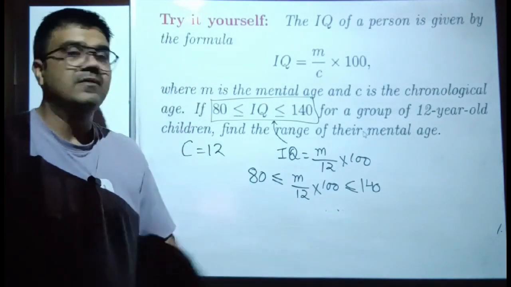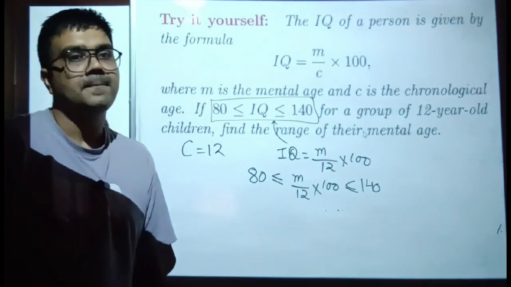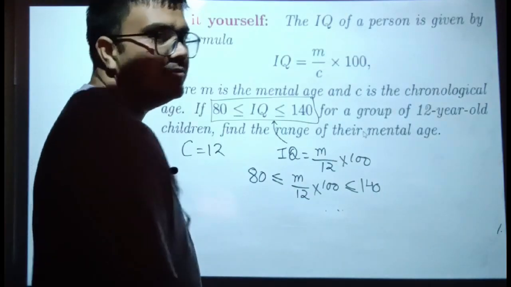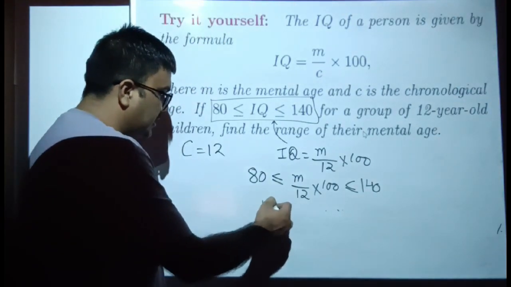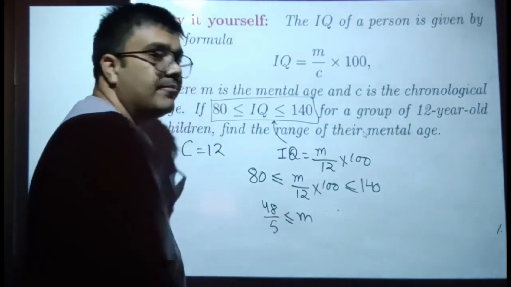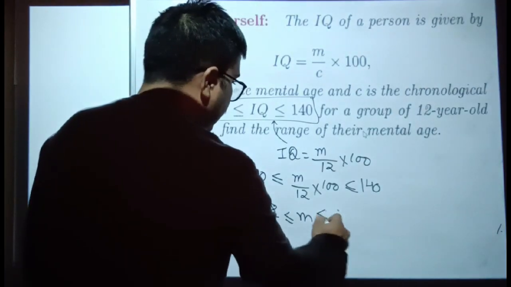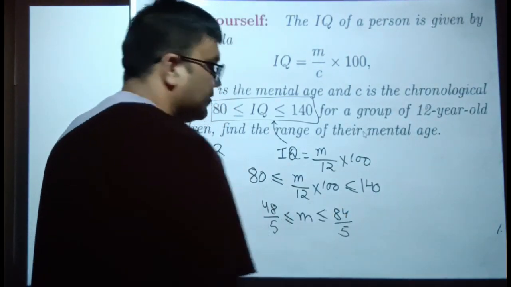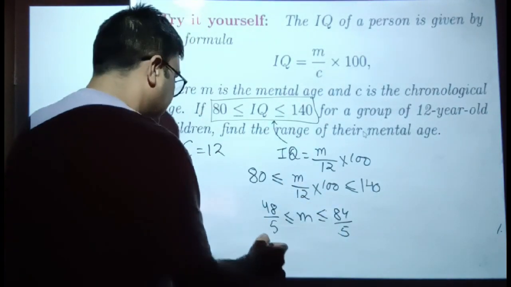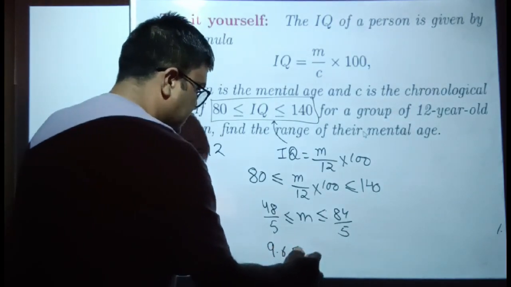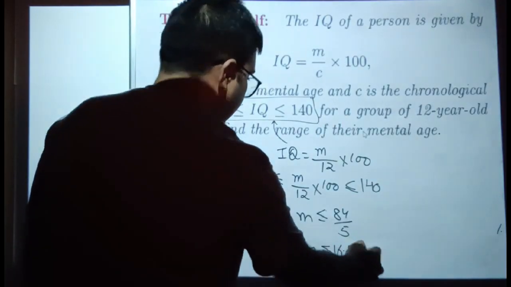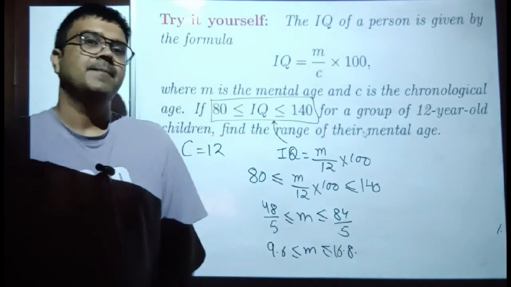Again, you will have two inequalities, and when you solve them, you will obtain the values of M: 48 by 5 is less than or equal to M, and M is less than or equal to 84 by 5. So the final answer is 9.6 is less than or equal to M is less than or equal to 16.8 years. So these are the possible values over here.